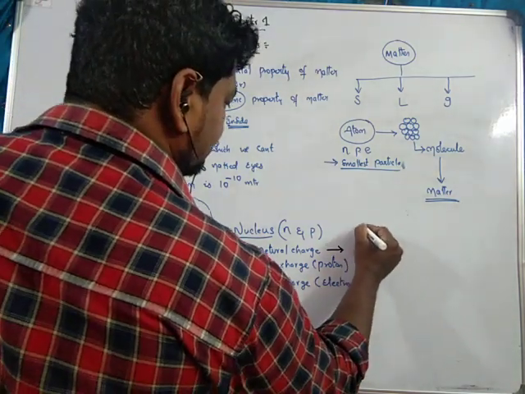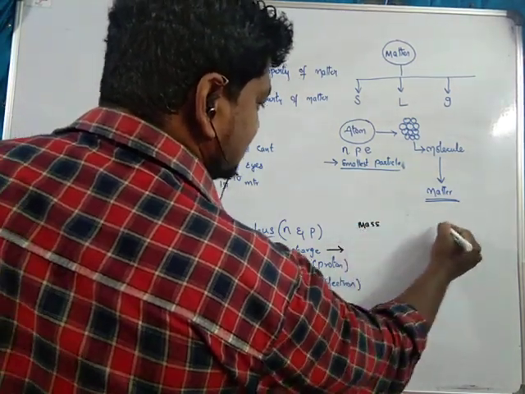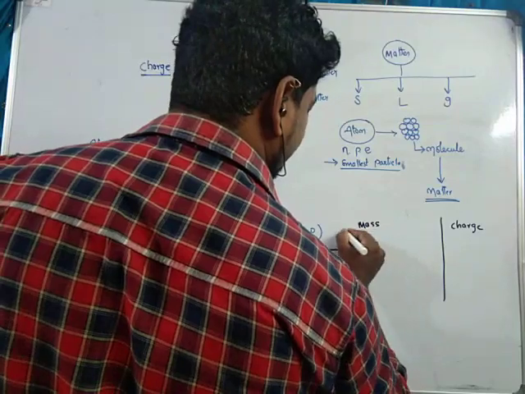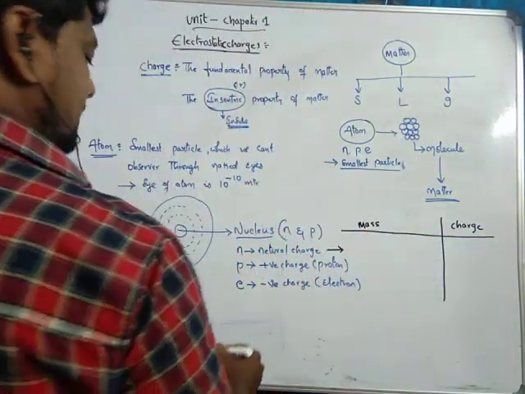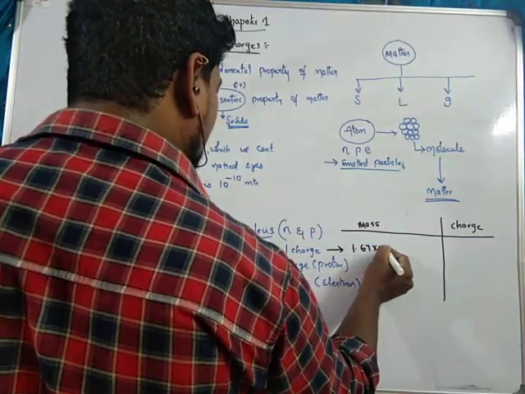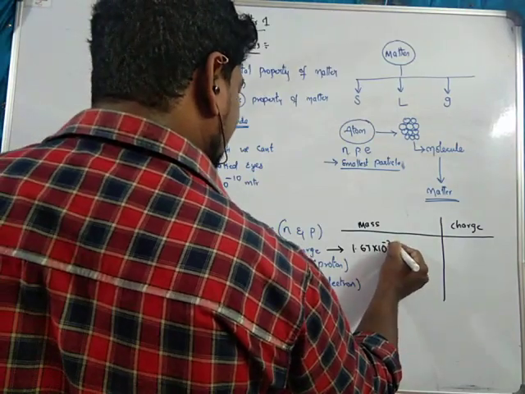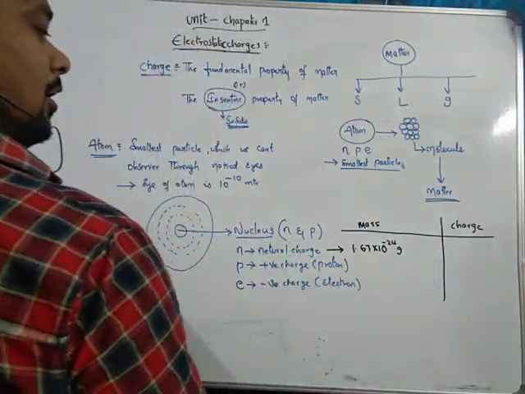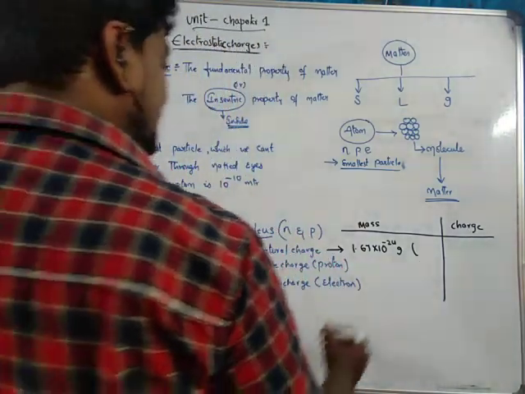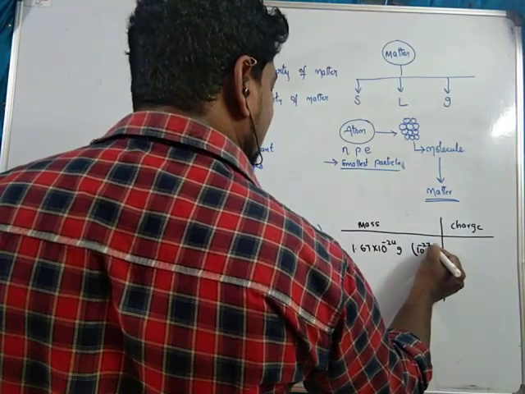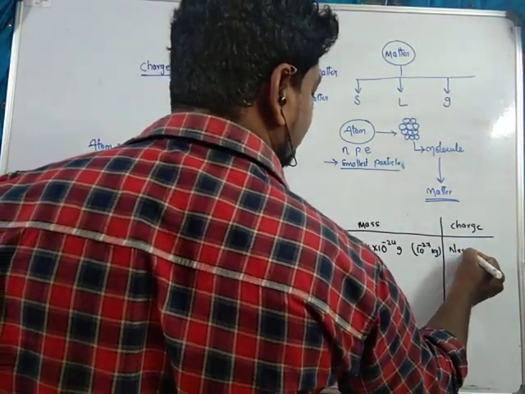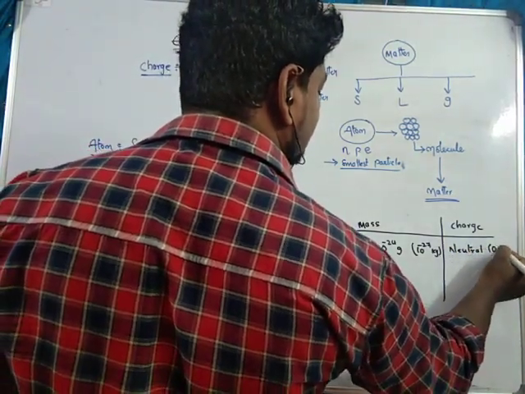If you consider a neutron, the mass of the neutron will be 1.67 into 10 to the power of minus 24 grams, or we can represent it as 1.67 into 10 to the power of minus 27 kg, and the charge will be neutral, that is zero charge.